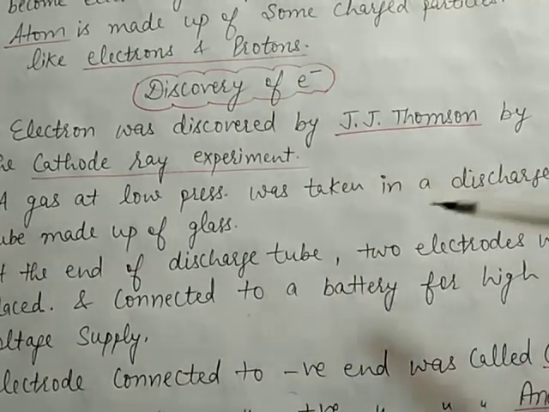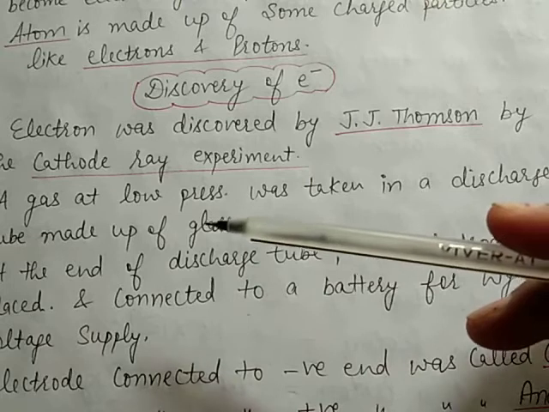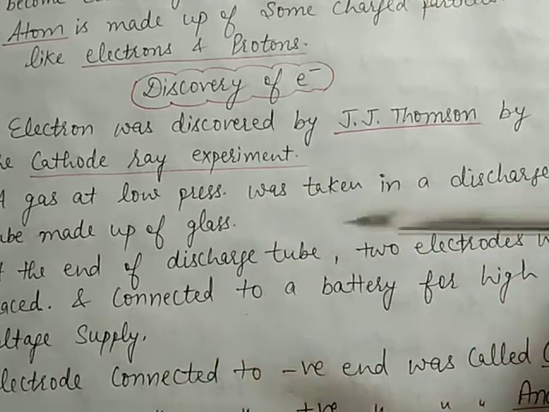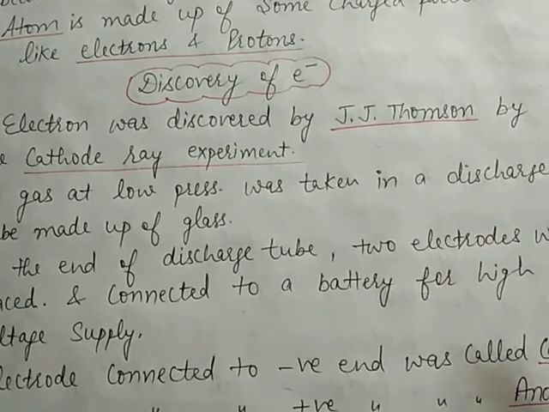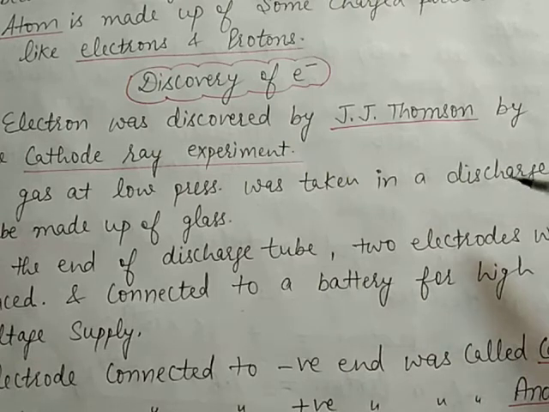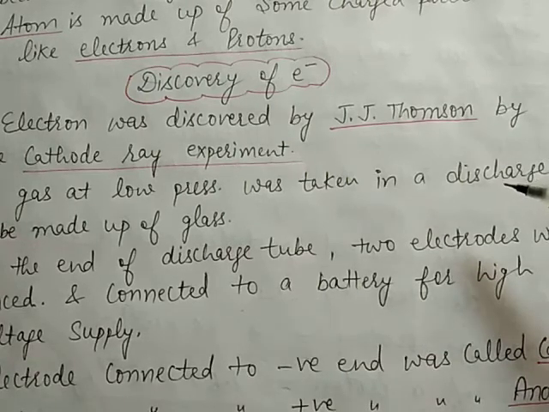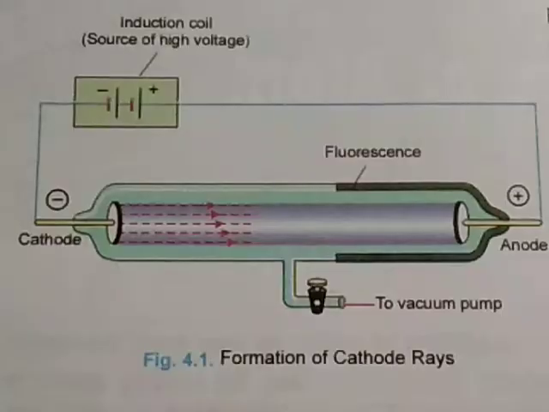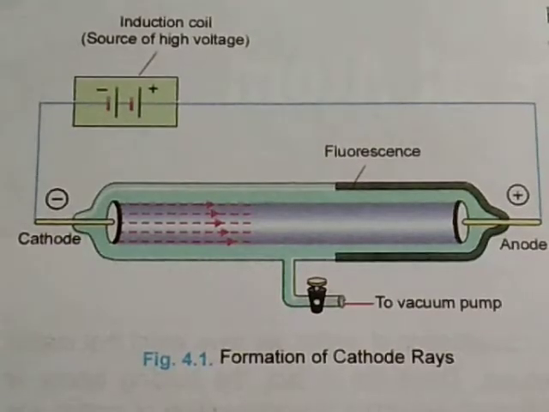It was performed in a discharge tube. A discharge tube is also called a cathode ray tube. This cathode ray tube is similar to the tubes that are used in televisions these days. This is the cathode ray experiment.